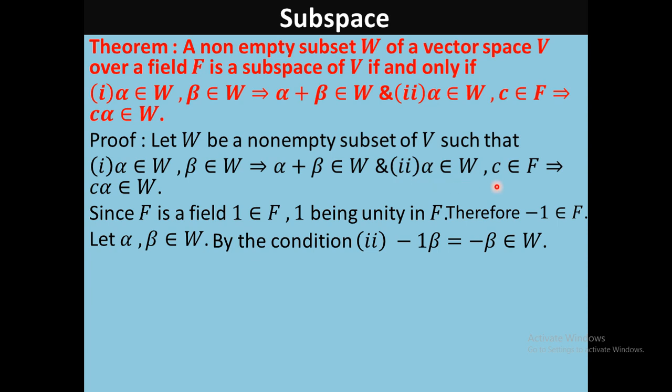From the second condition we get that relation. Here I choose c as minus 1 and the vector alpha as beta. So minus 1 dot beta, that is minus beta, is in W.